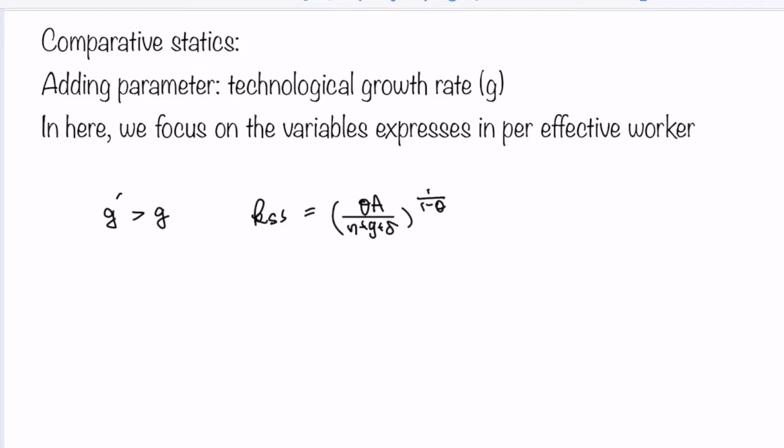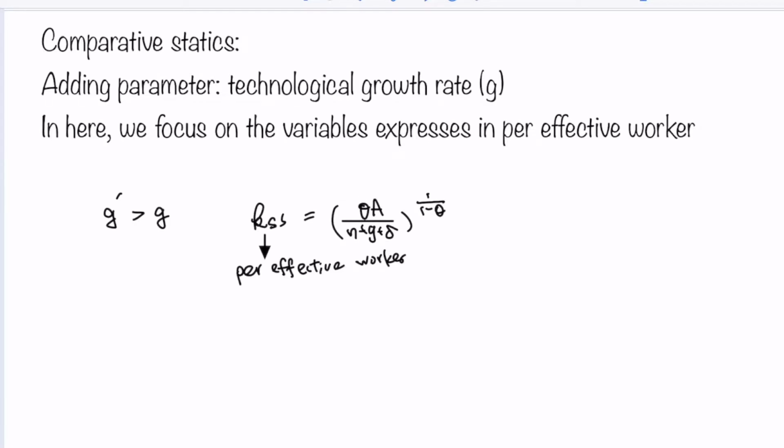If we look at the k steady state, we will notice that the g is in the denominator. Again, here the k is the capital star per effective worker. Given that the g is greater now, and it is in the denominator, we know that the new capital star in the steady state is less than the old capital star in the steady state.